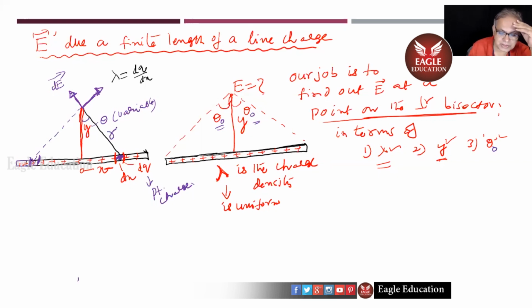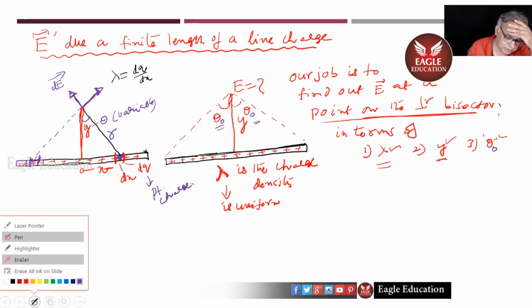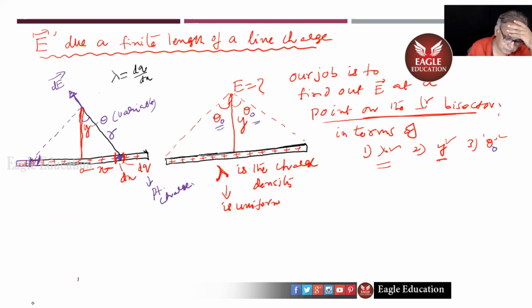I'll call this distance r from the charge; it is not going to be longer than this, the length will be equal. This dE is because of this charge dq. For every two symmetrically opposite elements there will be dEs like that, but two are enough for me. This is also another dE, but the magnitude will be the same.